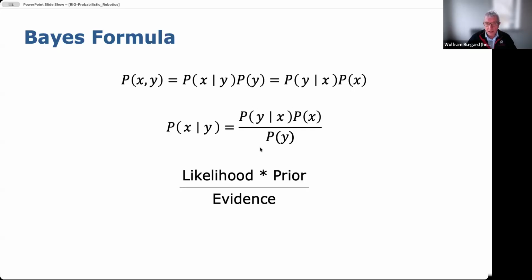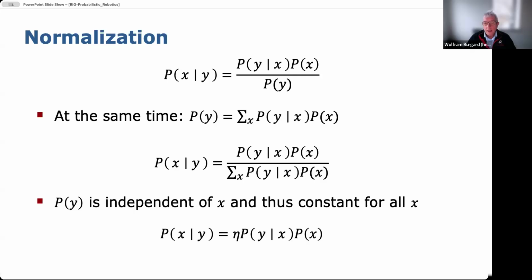And this is something that we are going to need through the derivation of what we call the recursive Bayes filter. And here's something that is typically very hard to understand for students, and sorry for bringing this up, but we will definitely need this for implementing a self-driving car. So when you look at Bayes' formula, it says that P of x given y is P of y given x times P of x divided by P of y.